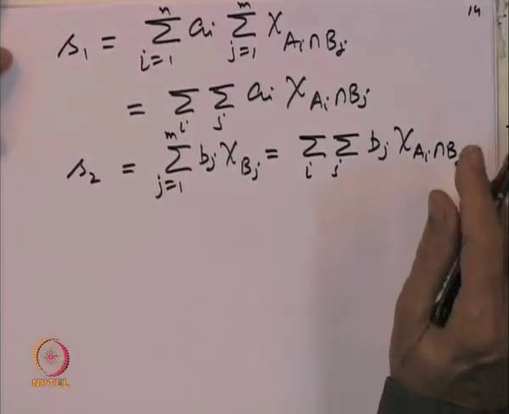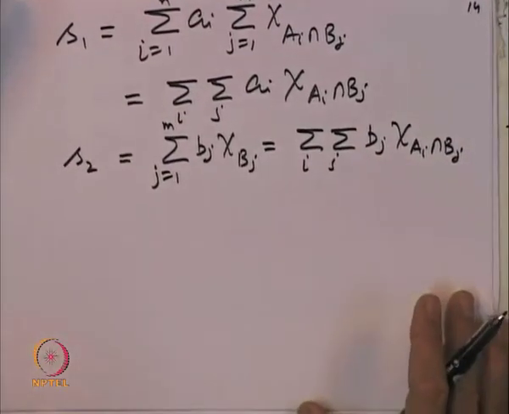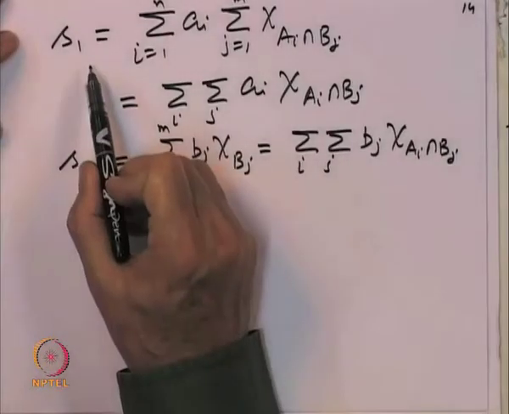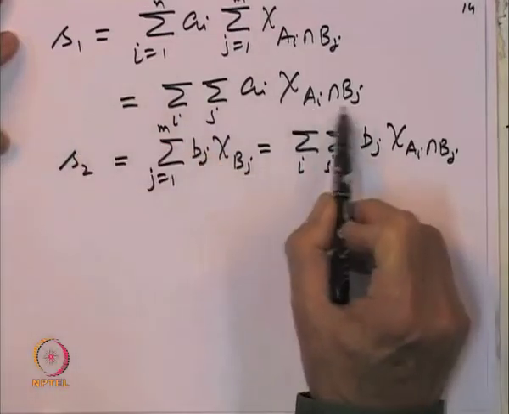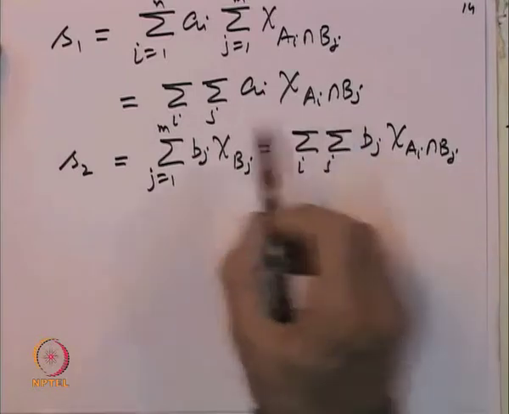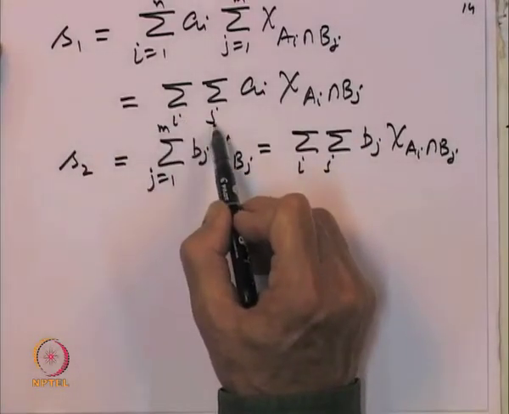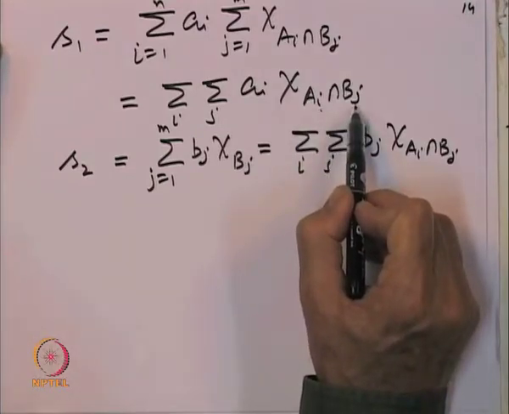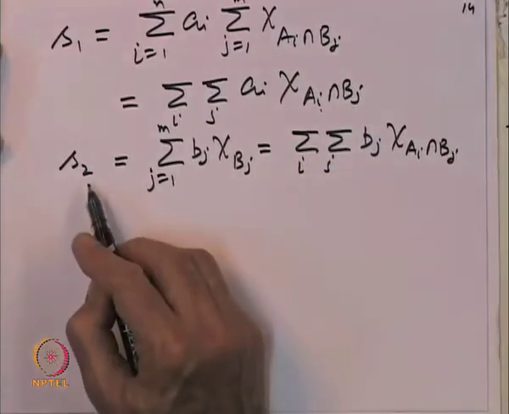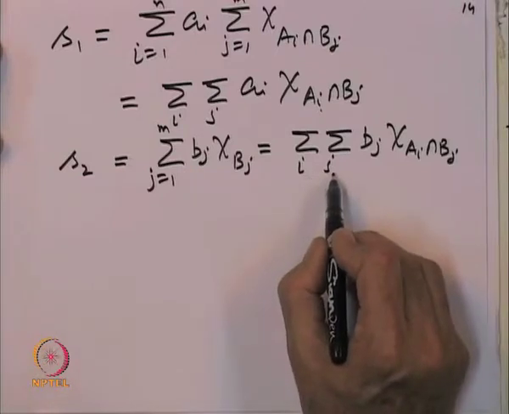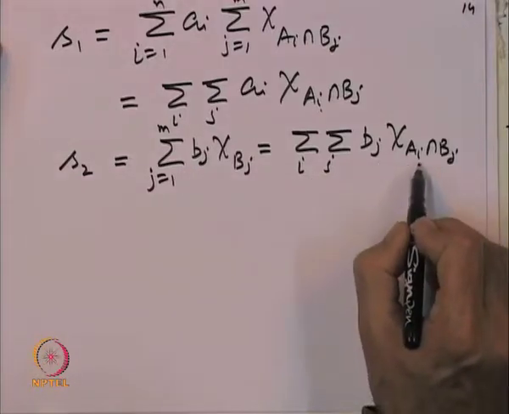So, what we are saying is that whenever you are given two or a finite number of simple functions, we can assume without loss of generality that the indicator functions involved are of the same sets. So, S 1 is equal to summation over i, summation over j of a_i times the indicator function of A_i intersection B_j, and similarly S 2 can be written as summation over i, summation over j of b_j times the indicator function of A_i intersection B_j.